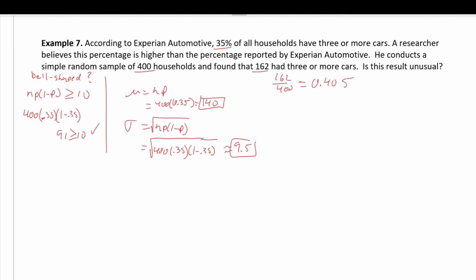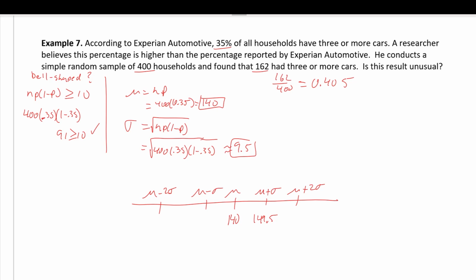Let's go ahead and draw a number line here where the mean is at the center, and we're going to add on a standard deviation and then another one, and then subtract 1 off. All right, the mean is 140. Okay. If we add 9.5 to that, that brings us to 149.5.